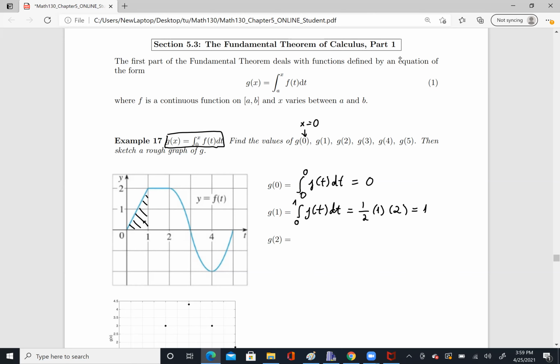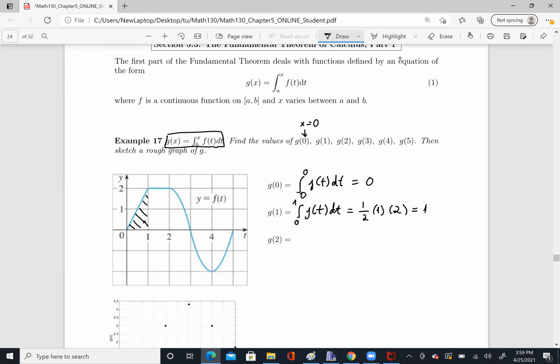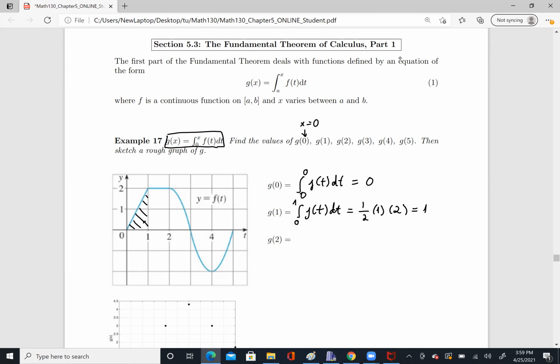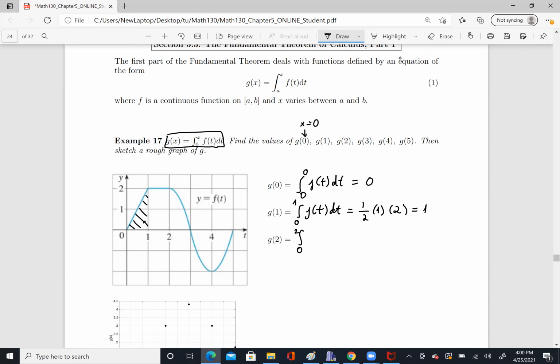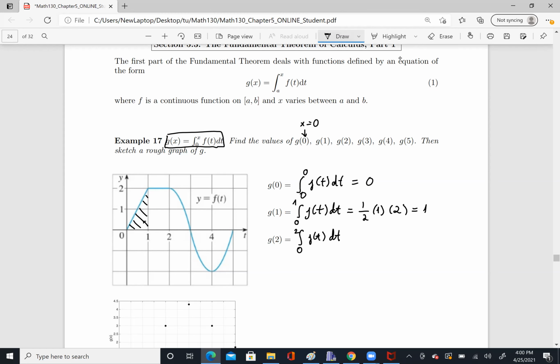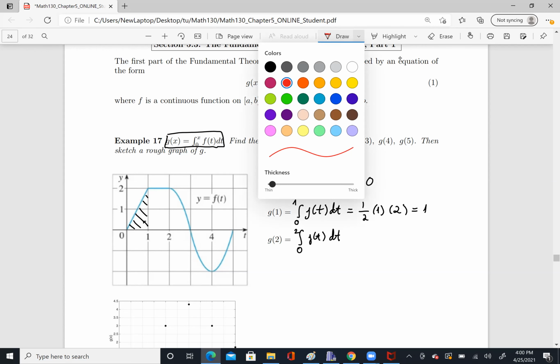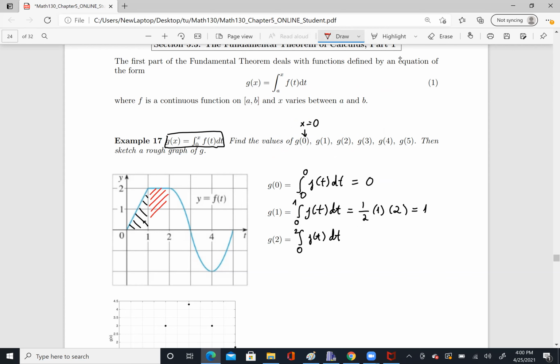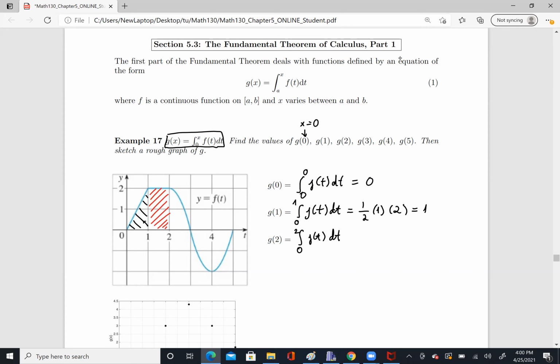Next, g of 2, where x equals 2, so it's the integral from 0 to 2 of f of t dt. For this one, you have to include the area from 0 to 1, which is 1, plus the rectangle in the middle from 1 to 2.